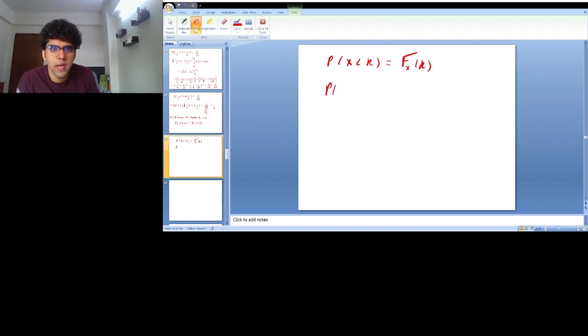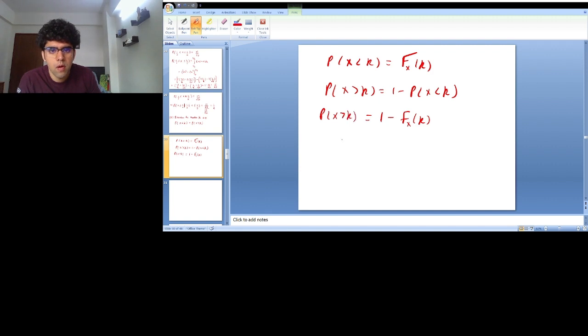And P(X greater than k) is equal to 1 minus P(X less than k), and this is again the CDF of X when the point is k.